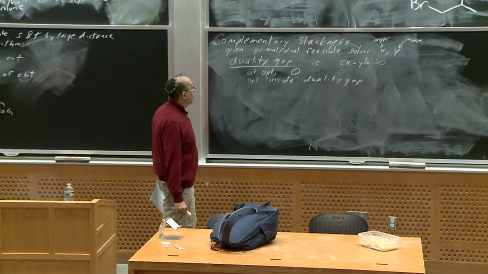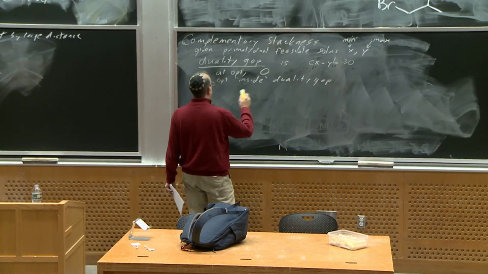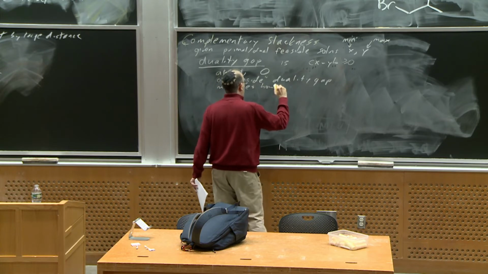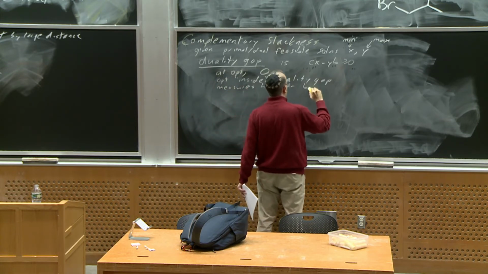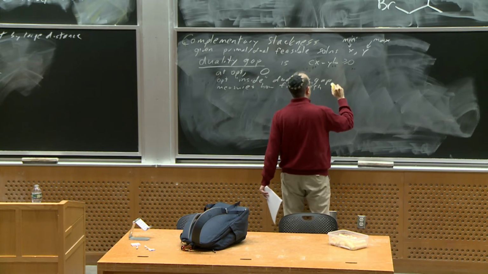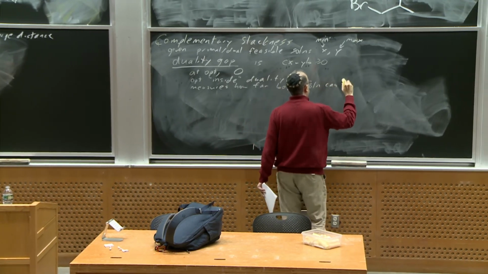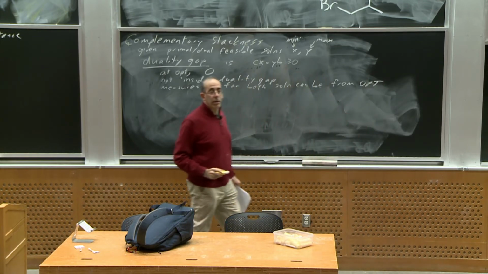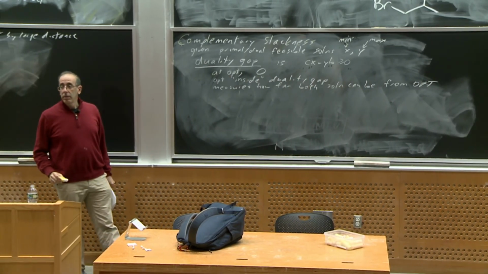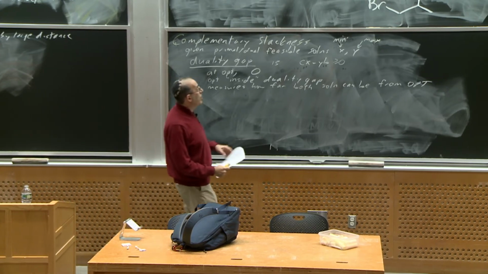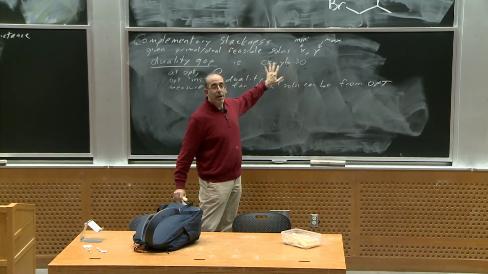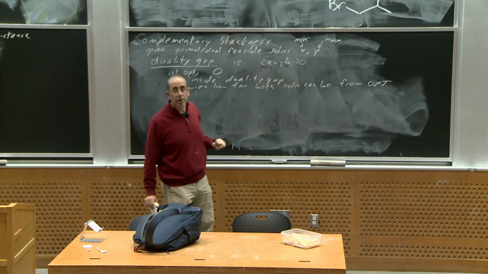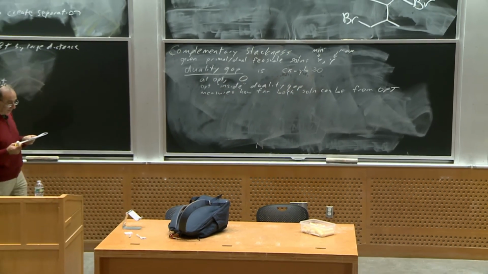And so in fact, this duality gap measures how far both solutions are from opt. So the two bounds provide comparisons to each other. If they're very close together, then you know that both of them are close to the optimum solution.